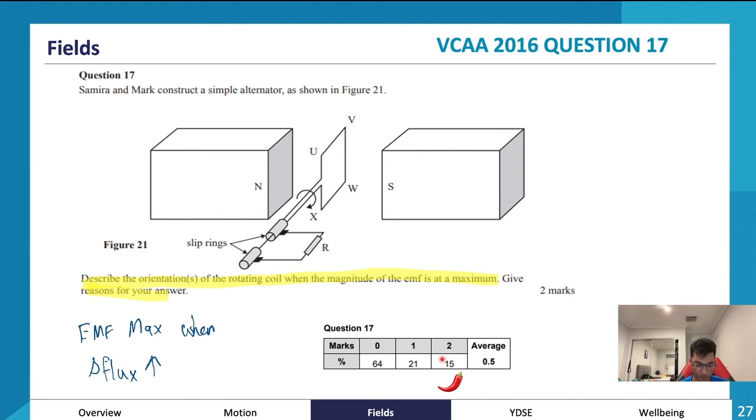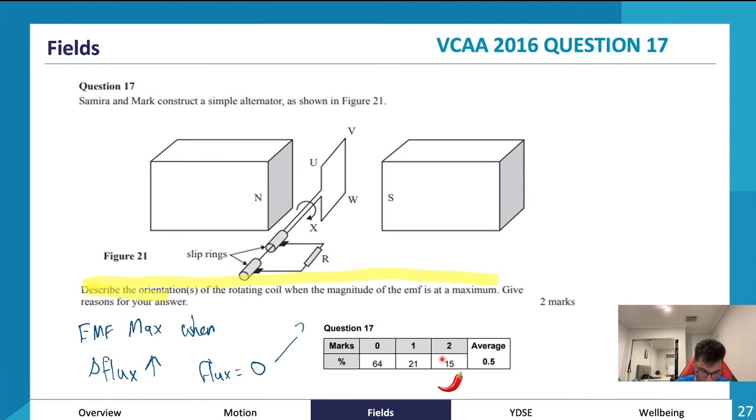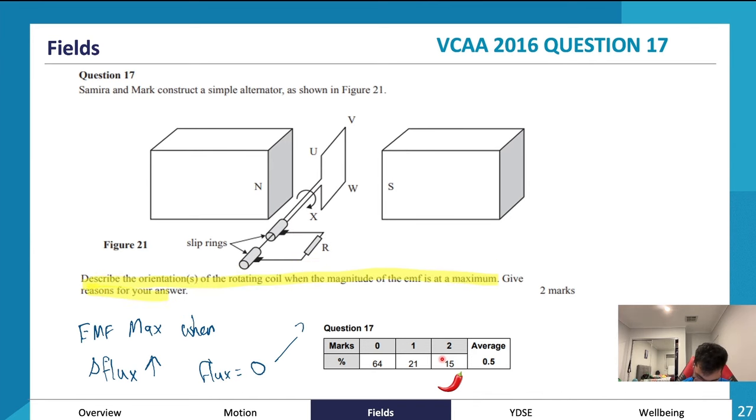And this happens when and only when the flux is equal to 0. So for the flux to equal 0, the coil will have to be perfectly horizontal.